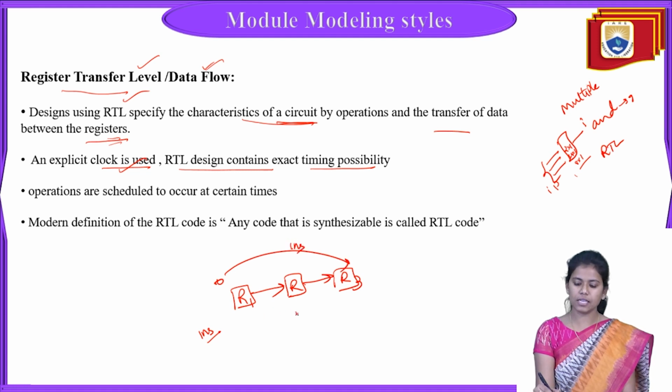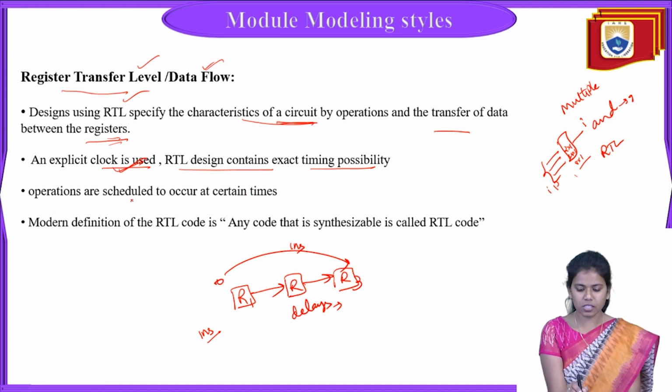Or else we see some delays, which are categorized into different types. So the explicit clock is used in order to transfer the data from one register to another register.